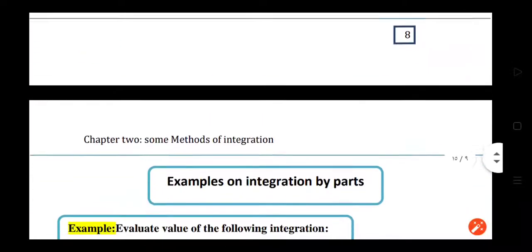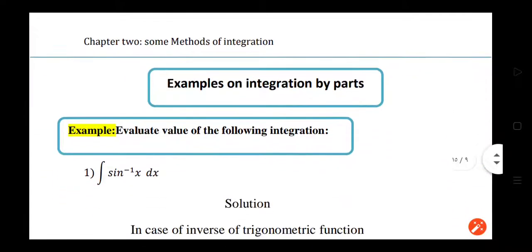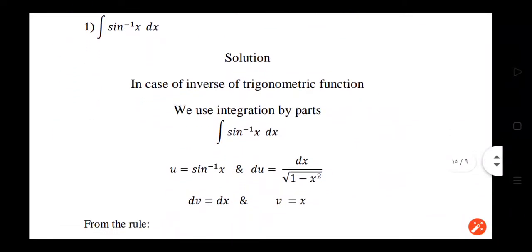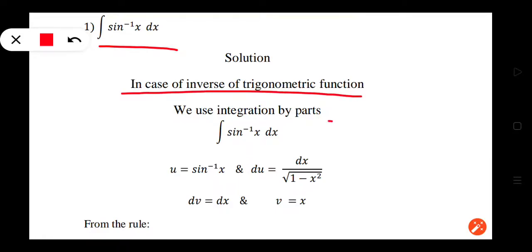We will take some examples on integration by parts. The first is sine minus 1 x. Firstly, we should know that in case of inverse of trigonometric functions, we must use integration by parts. Sine minus 1 is the inverse, so we use integration by parts.